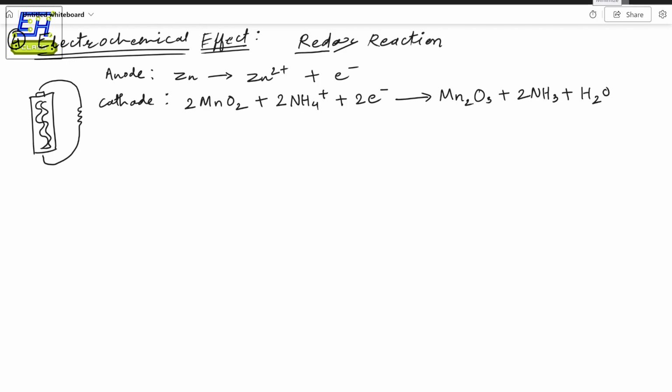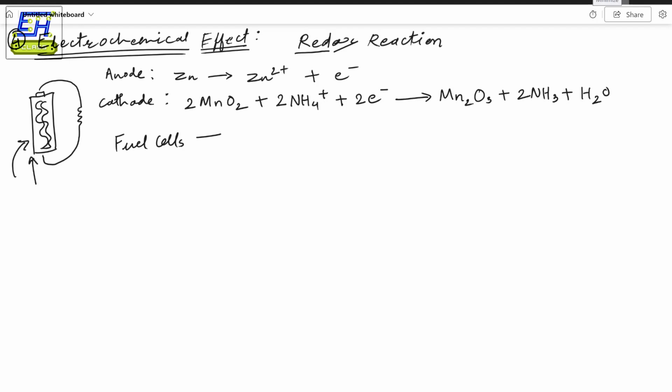But there is another version of this that actually can be used indefinitely, where you provide these materials from outside continuously. You are continuously feeding the required reactants into the cell, and these kinds of cells are known as fuel cells.